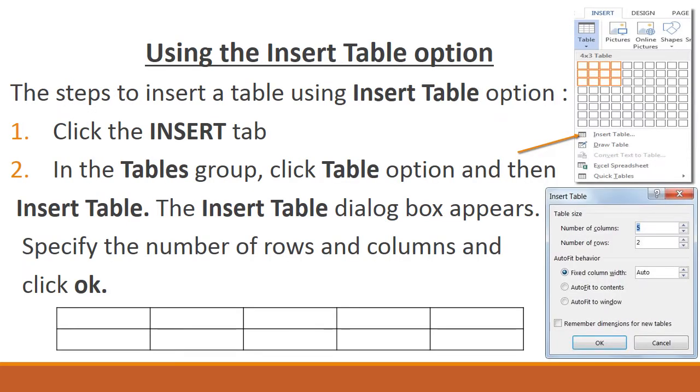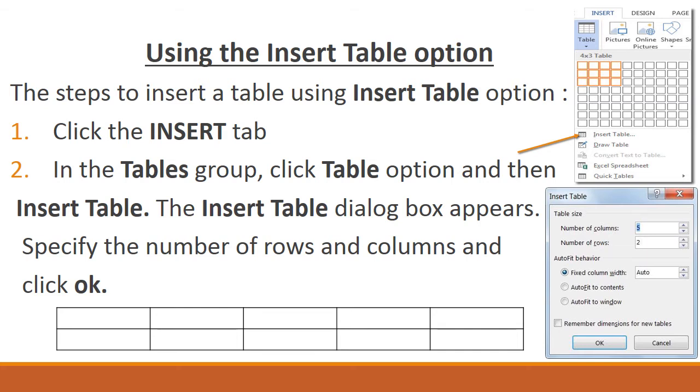Using the Insert Table option. The steps are almost the same. The steps to insert a table using the Insert Table option: click the Insert tab. In the Tables group, click the Table option, and now click the Insert Table option. The Insert Table dialog box will appear.